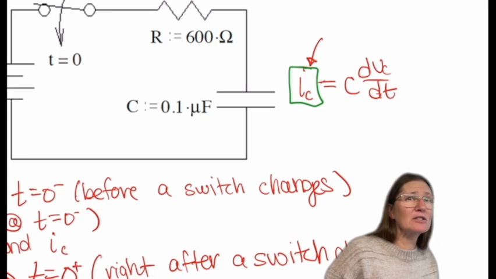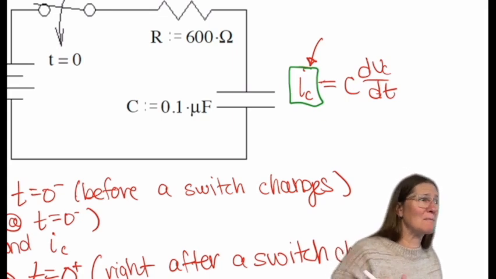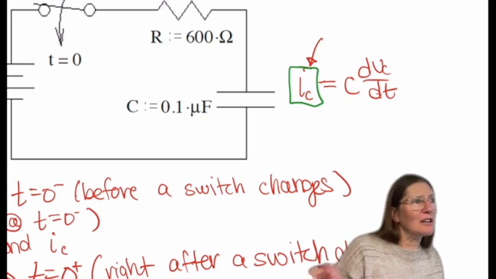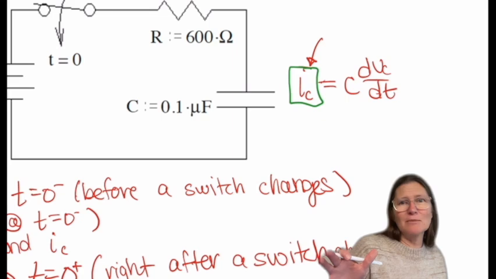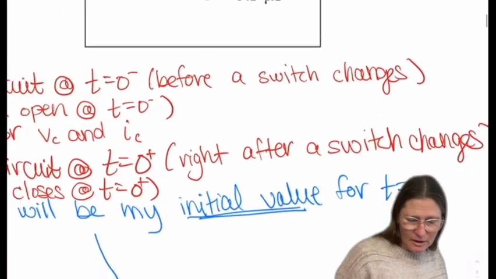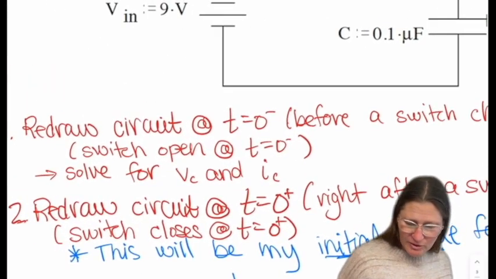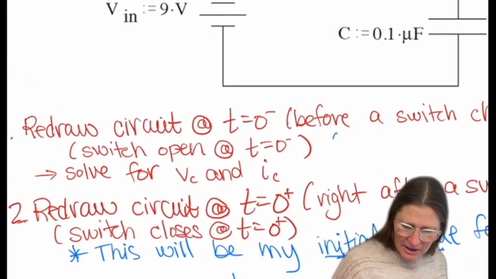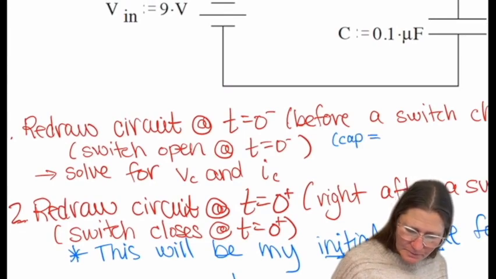An open circuit. So that's how you remember what to model this as. When I've sat for a long time and I have no changes, the capacitor will be open. So you assume it's been sitting for a long time, and then a capacitor is open.